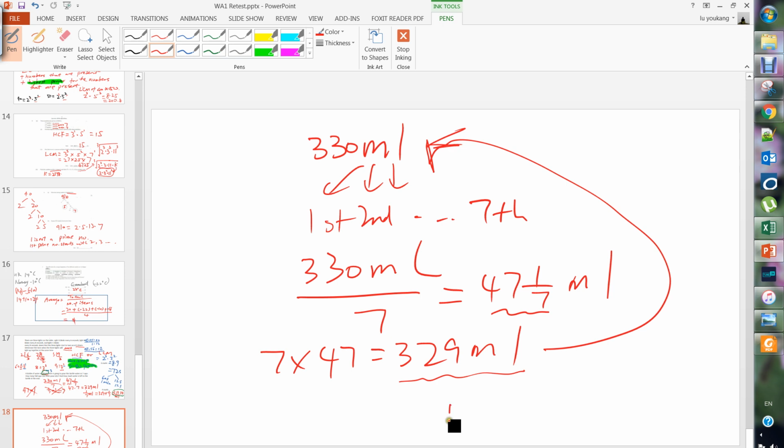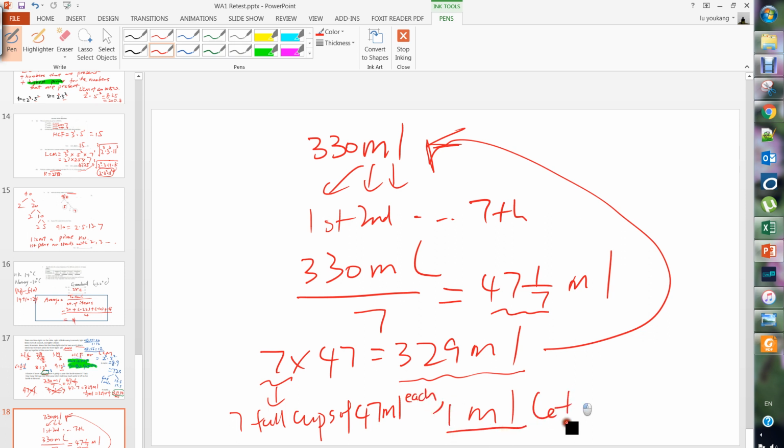In fact, 1 milliliter is left. So the answer is, you can fill 7 full cups of 47 milliliter each, and then you have 1 milliliter left.